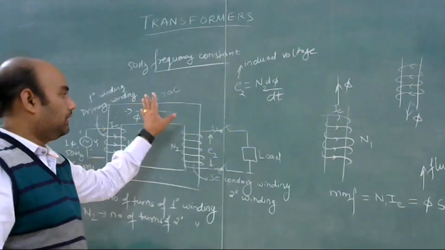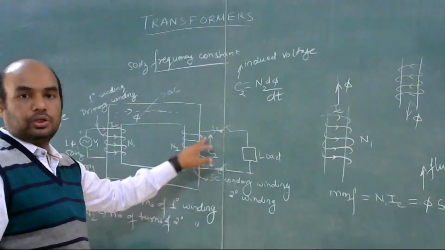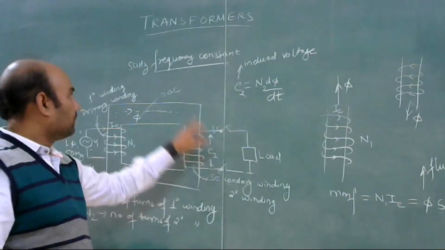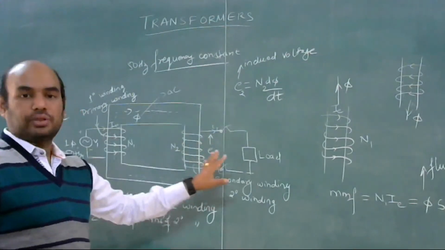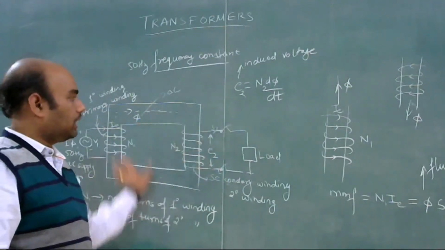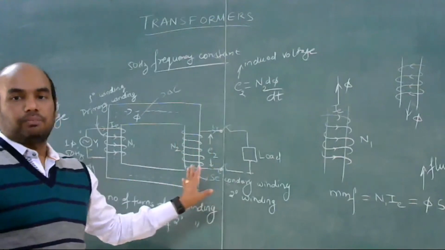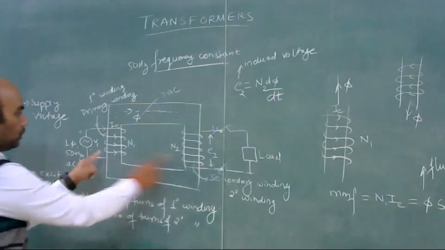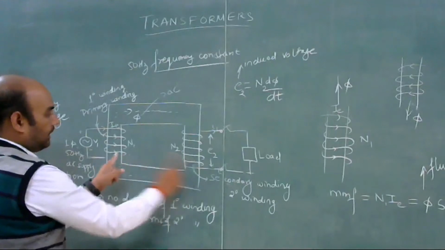We will derive the equation of the induced voltage, and then you will see the frequency is kept constant. This is the principal working of the transformer. These two windings are electrically isolated.